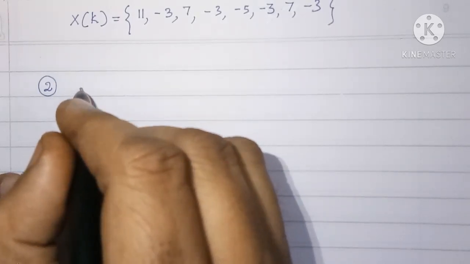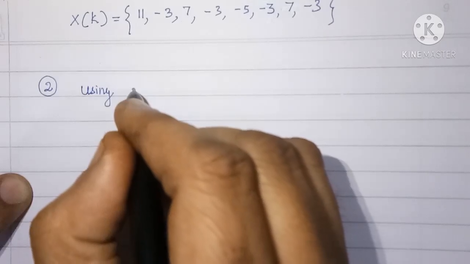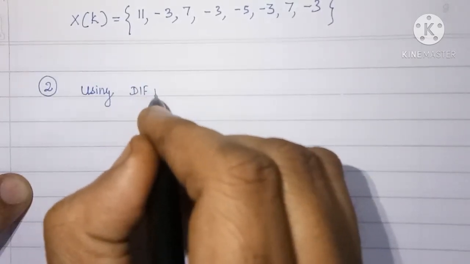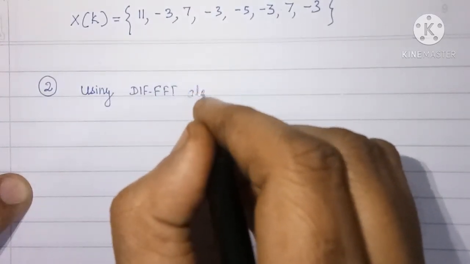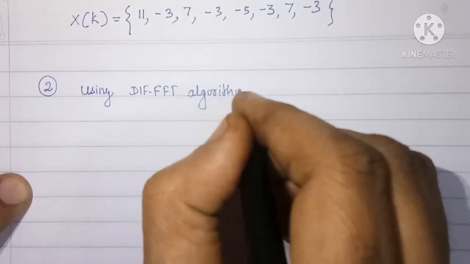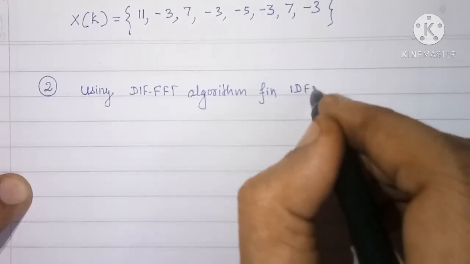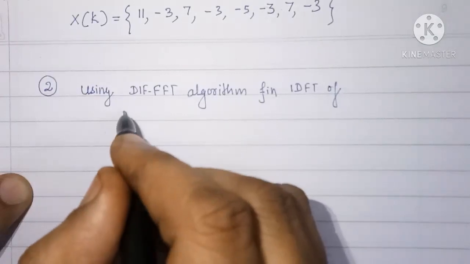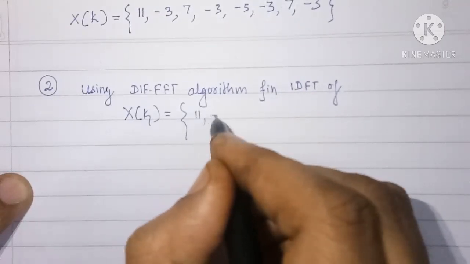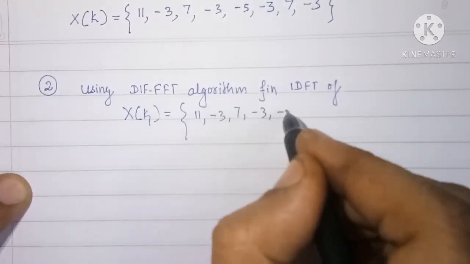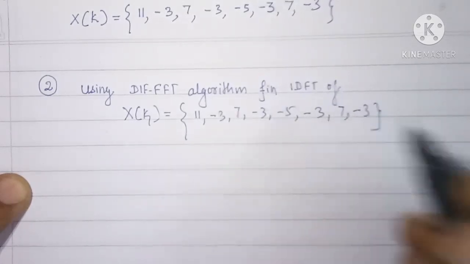So right here, using DIF FFT algorithm, find IDFT of x of k equal to 11, minus 3, 7, minus 3, minus 5, minus 3, 7, minus 3.